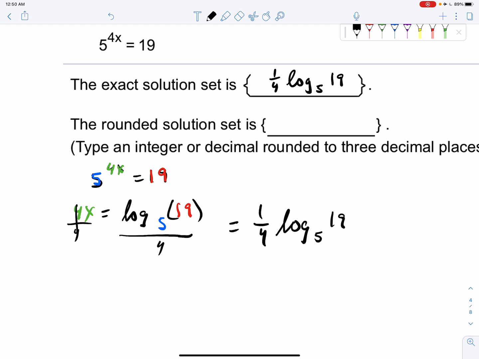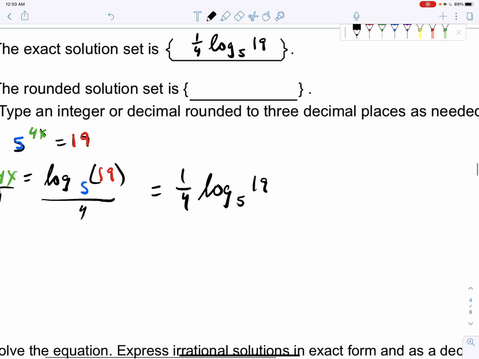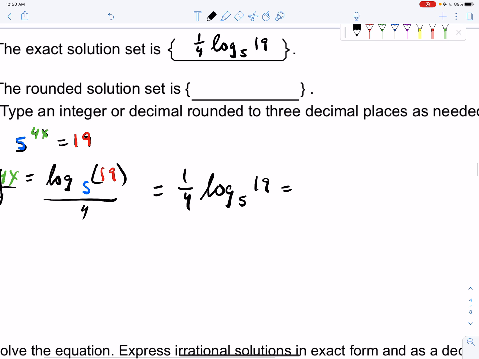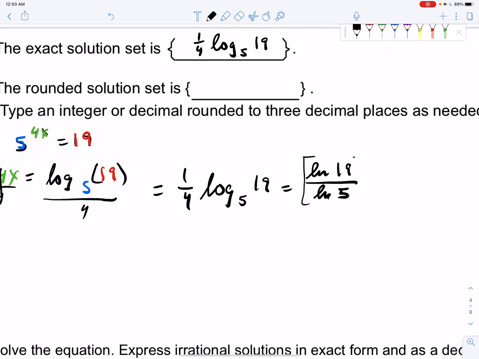Okay, now we need to get an approximation. To do that, we have to do a change of base. You could change it to log or to natural log. I'm just going to go natural log of 19 divided by the natural log of 5. And now either multiply it by 1/4, or in the calculator, after you've already calculated that and hit enter, it's probably easier to just divide by 4.